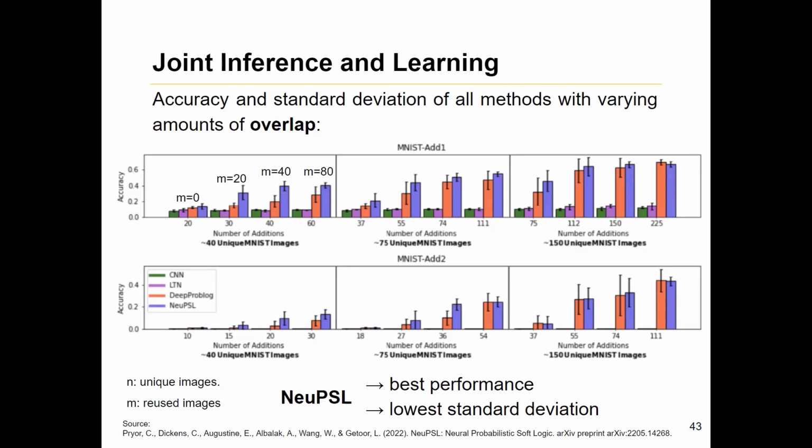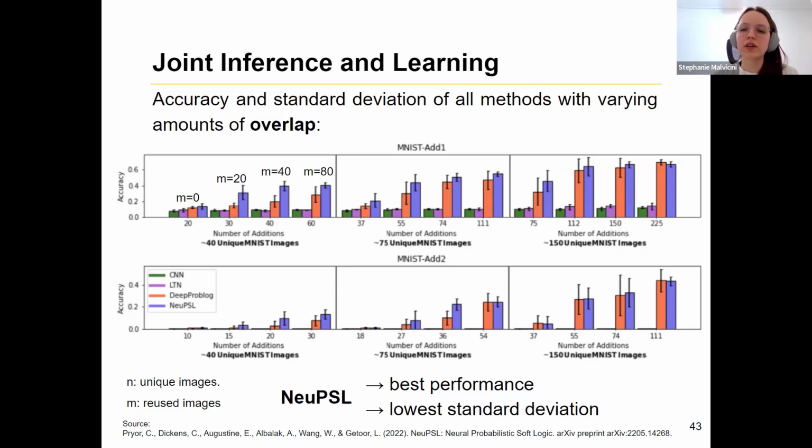Did they have an intuition on why the deep problem did well also in this case? Does it also use joint information? I'm not familiar with that one. Did they mention anything? No, they only said that they use the same idea of having probabilistics with neural networks.